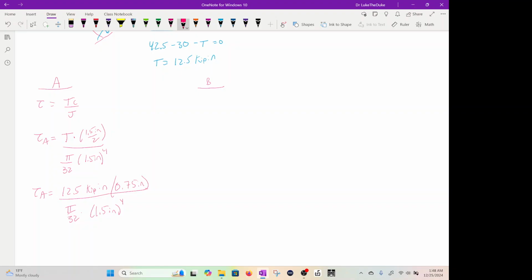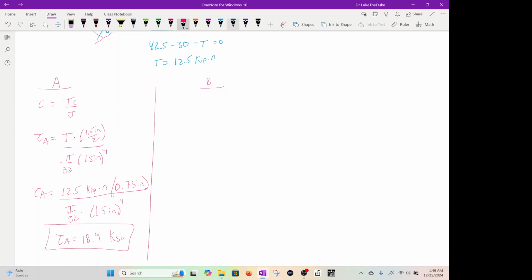Plug that in our calculator. And we get tau of A is 18.9 KSI.